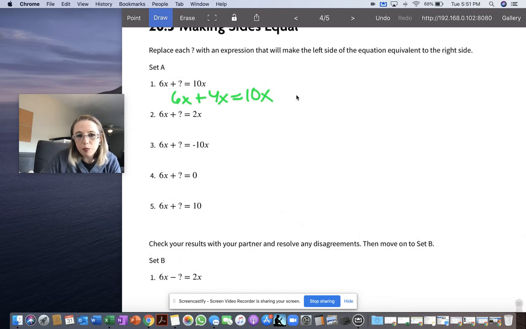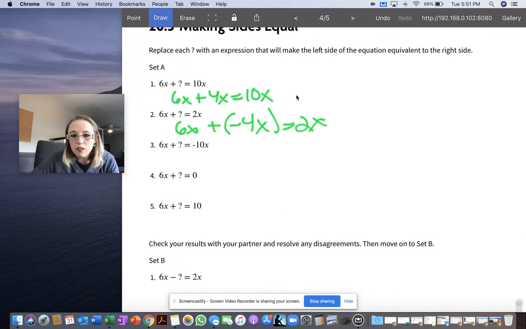Okay. Number 2, same idea, only we're going to have to add a negative number, right? So 6x plus what equals 2x? So 6x plus a negative 4x equals 2x. I like to put those negatives in parentheses because it's easier to see for me, you don't have to. Okay, so number 3, 6x plus what equals negative 10x? So now you're going into the negatives, so you're going to have to add an even larger negative number.